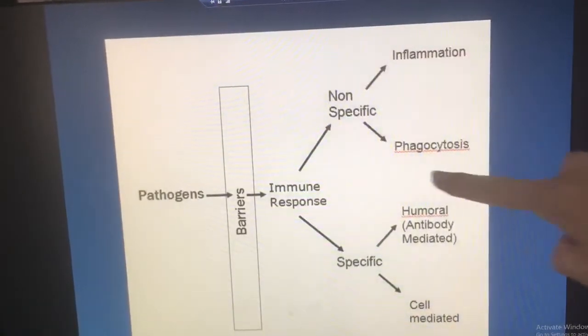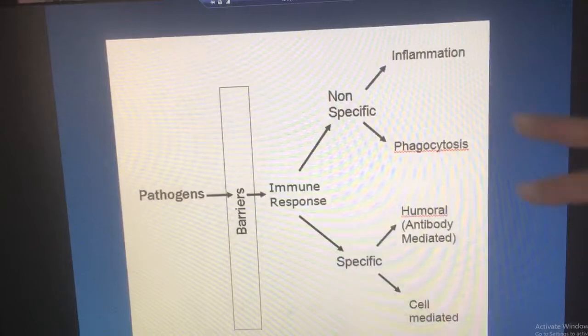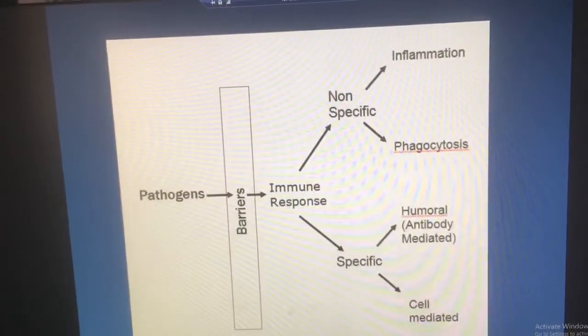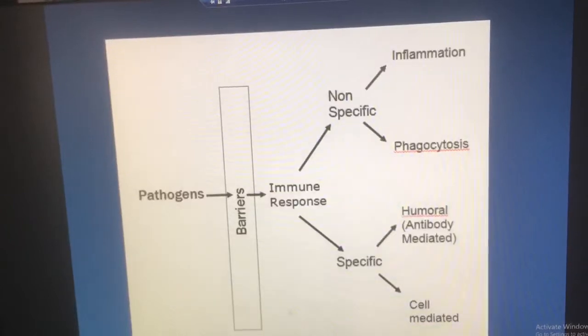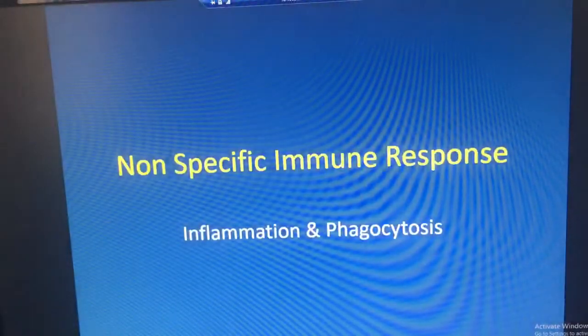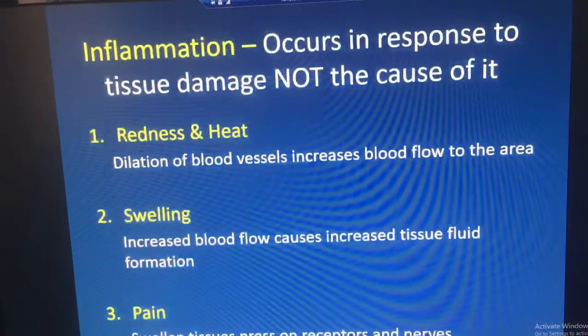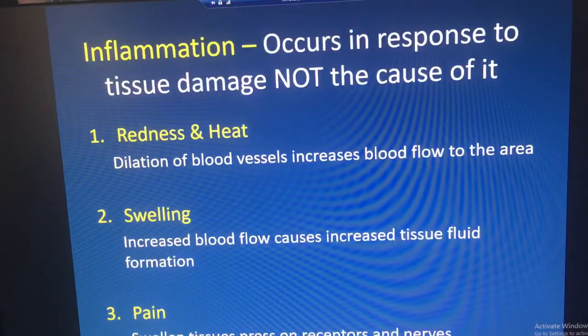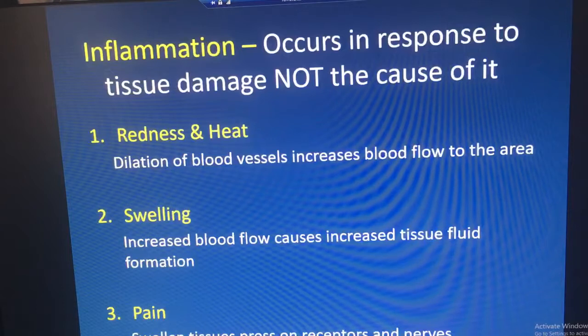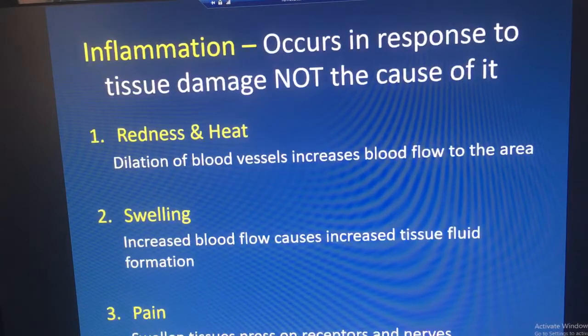And as the name suggests, this response will be the same irrespective of what pathogen has got past the body barriers. So if we think about the non-specific immune response of inflammation, the inflammation response is basically in response to the tissue damage.